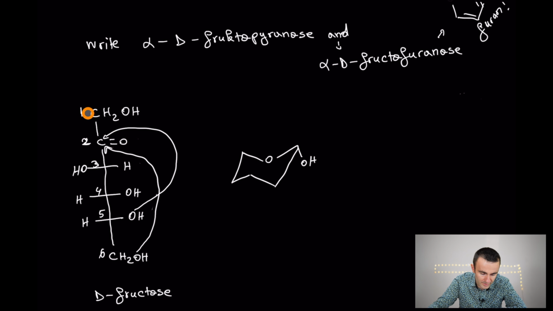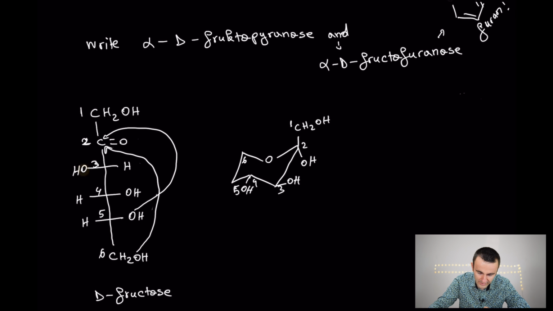but you have this group here that remains up, because the numbering starts from this one, right? It's a little confusing, but not as much. 3, 4, 5, 6. So at the third position, you have an OH on the left side, so it's going to be up. Fourth position is going to be down.